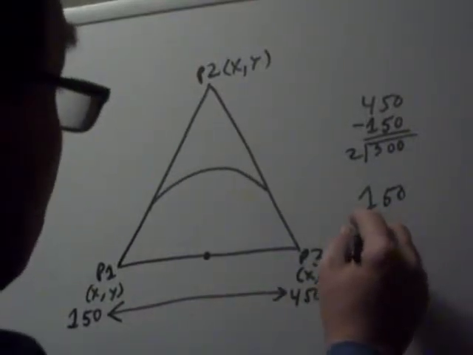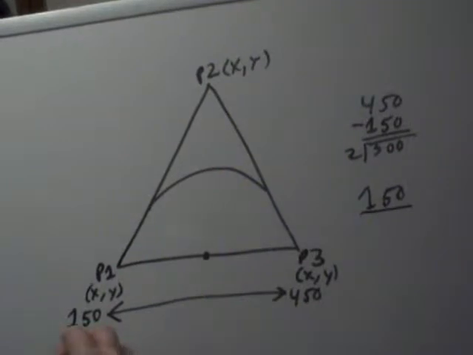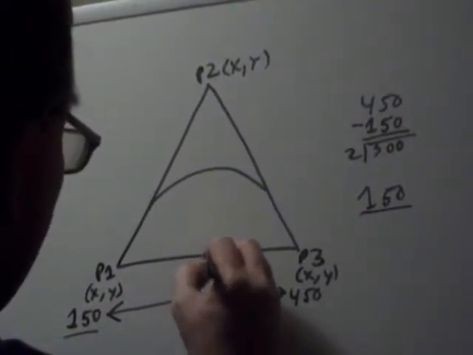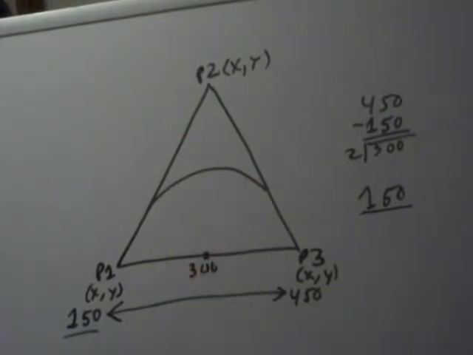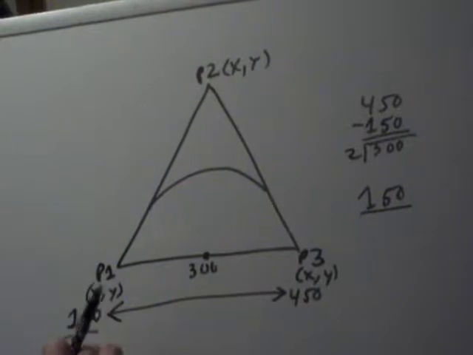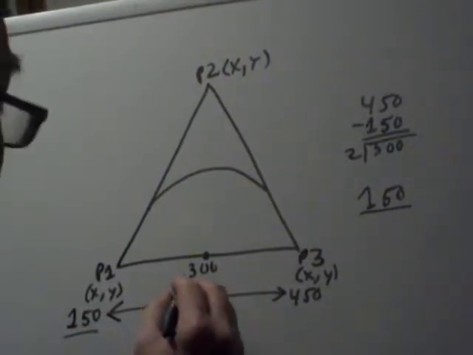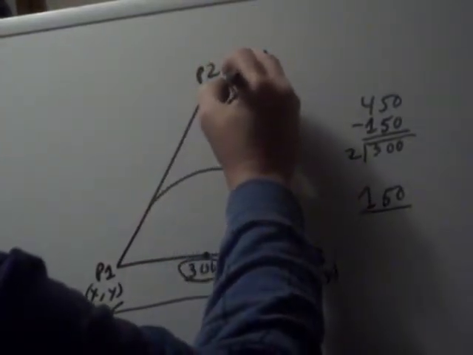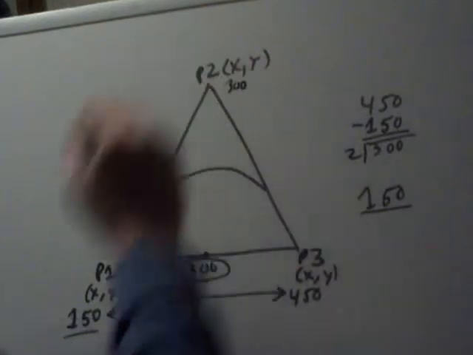So we have to add that 150 to that 150 to get the x-coordinate, which is 300. So 300 is the pixel point between 150 and 450. Now guess what? That 300 there is the actual x-coordinate of this.